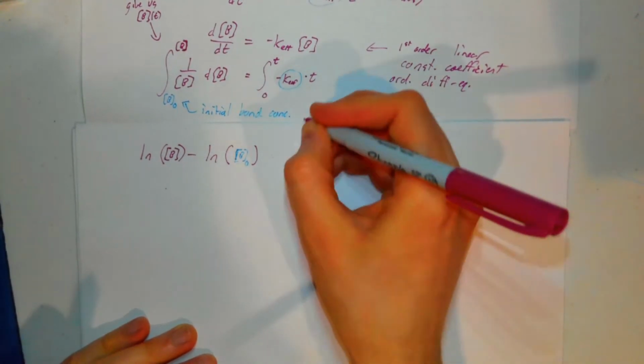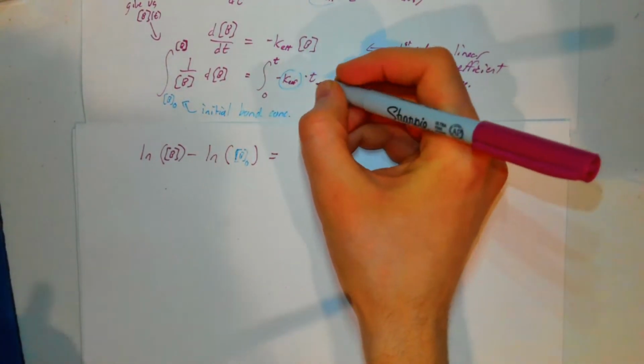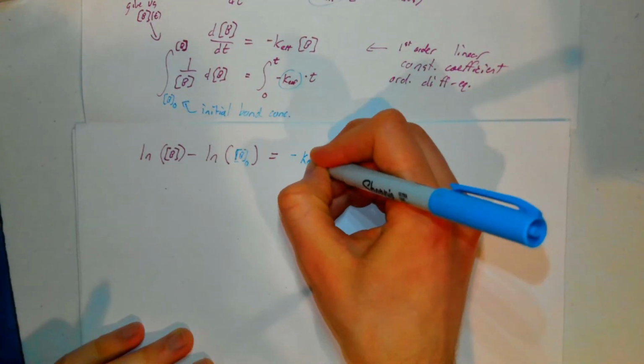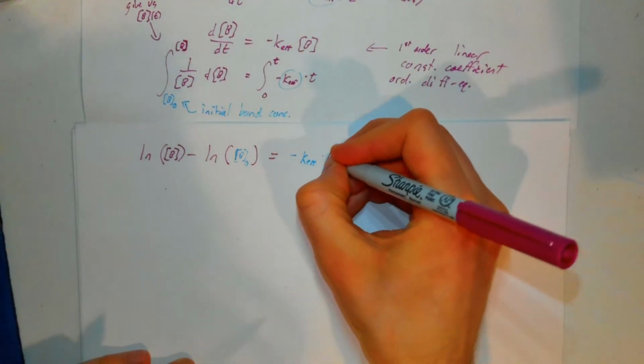And this is equal to, well, you're just integrating a constant, so we just get minus k effective times time.